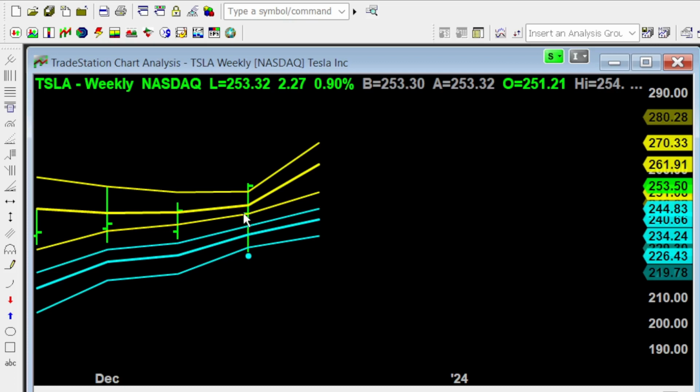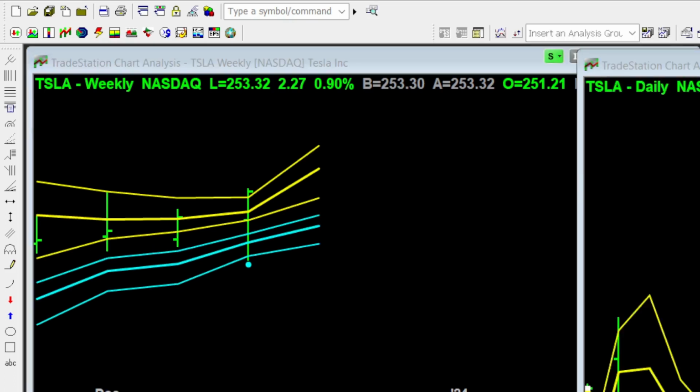You see this opening price opened exactly around this bottom yellow trend line, and in early Monday and Tuesday, it continued to drop and reached the middle blue trend line, and even dropped down to another line.